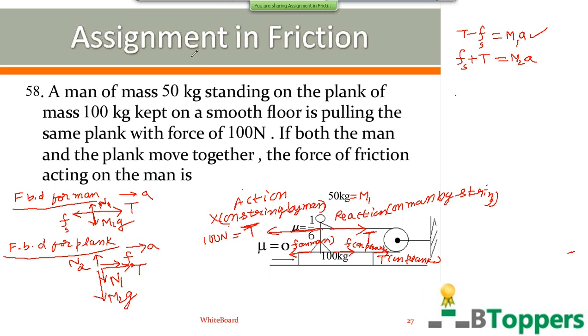So the static friction between the man and the plank reaches the maximum value at the instant just before the man slips. So we can subtract the first equation from the second equation.